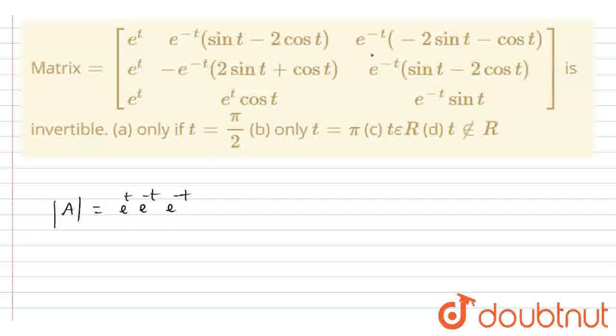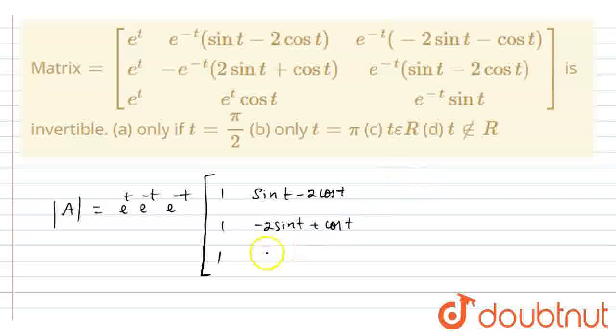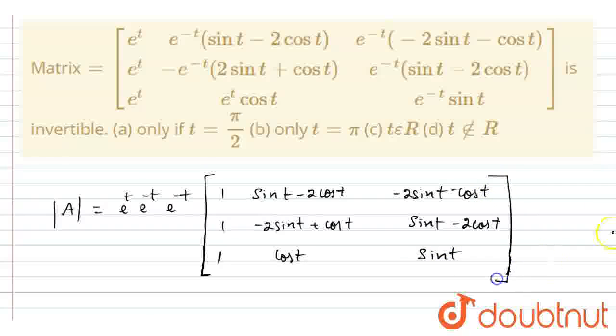Therefore the matrix will be 1 1 1, and here sin t minus 2 cos t, and this one is minus 2 sin t plus cos t, and this one is cos t, and the third column is minus 2 sin t minus cos t, and then sin t minus 2 cos t, and then here sin t. So this is the matrix we will get here.